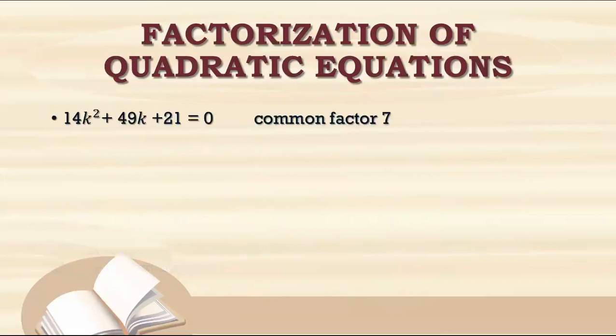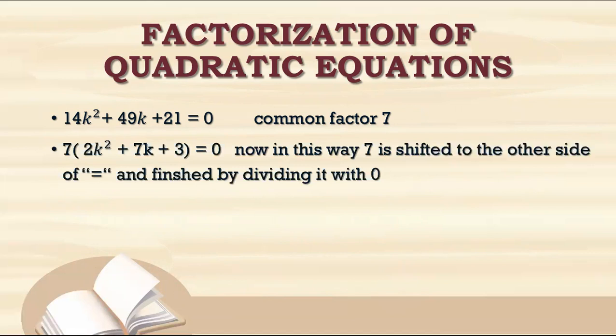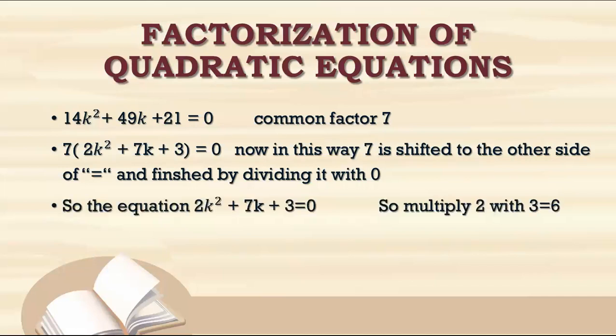For example, if we have 14k squared plus 49k plus 21, first, as I mentioned, always check what the common factor is, as it is the first priority step. Once I've taken 7 as common, we are left only with the equation 2k squared plus 7k plus 3.